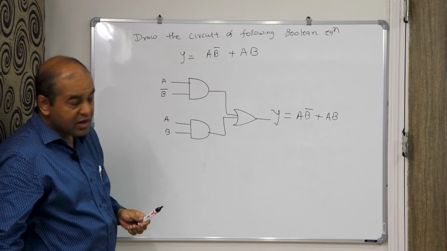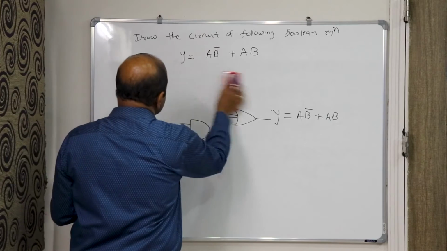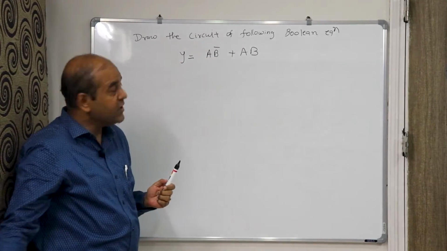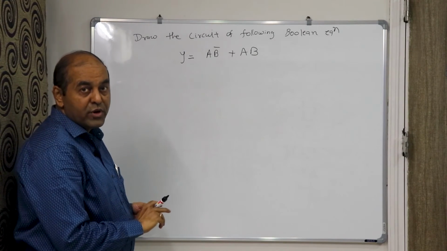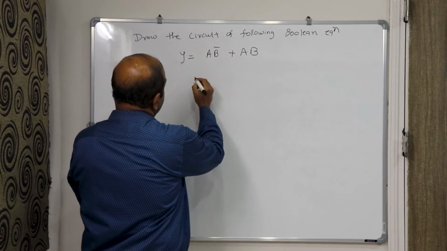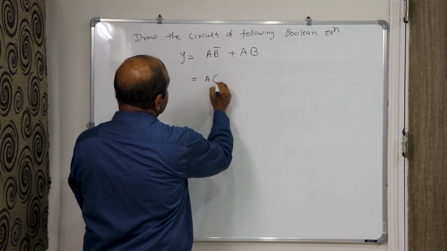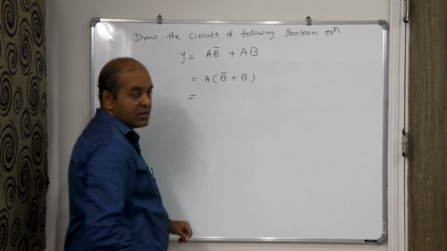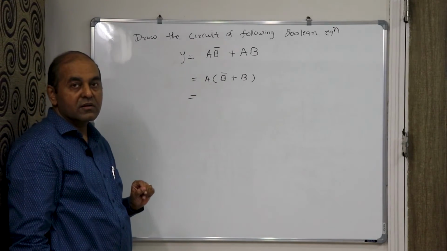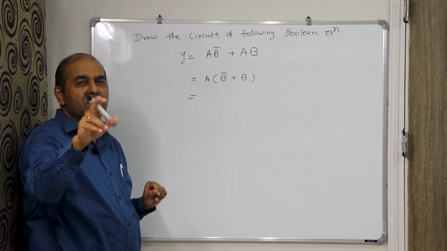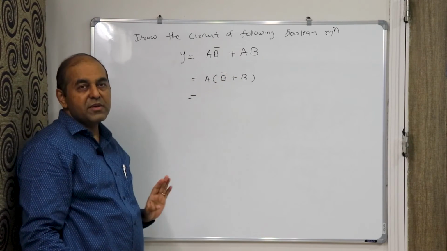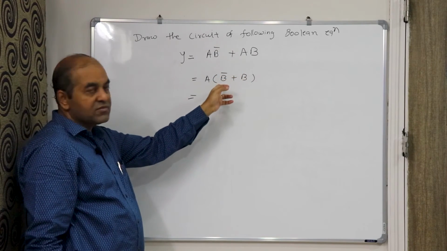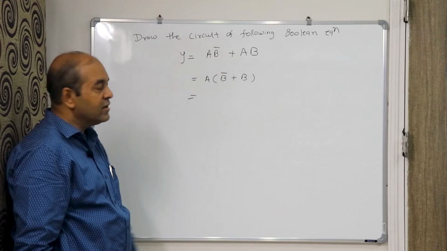Now if we use Boolean algebra, then A is common, B bar plus B. What is B bar plus B? We have discussed A plus A bar. So let's say B plus B bar. If B is 0, this is 1; if B is 1, this one is 0. So 0 plus 1 remains 1.